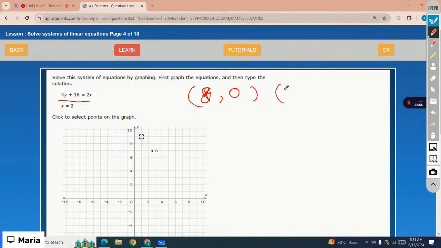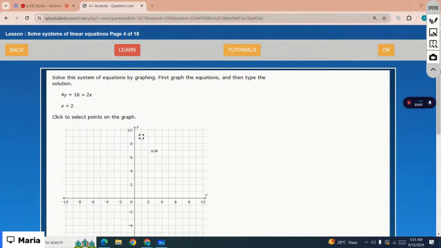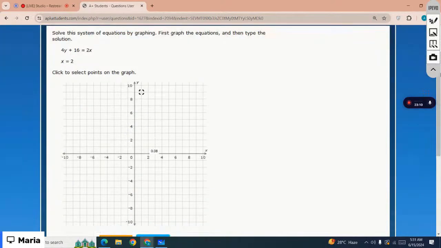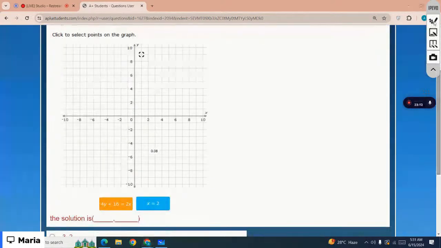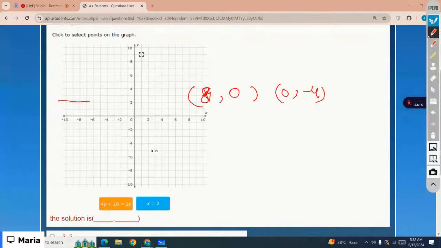And when x equals 0, 4y equals negative 16, so y is negative 4. And the second one is x equals 2. Okay, then let's just plot these 2 points. x is 8, y is 0. x is 0, y is negative 4.